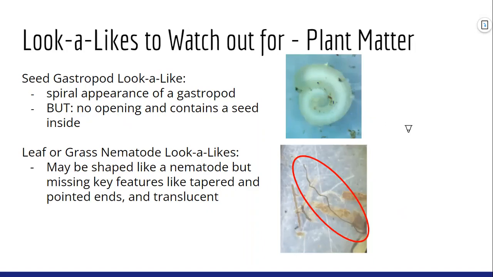It has that spiral appearance, but it does not have an opening, and it contains a seed inside. Sometimes you'll see grass or leaves in your samples that look like nematodes or another type of worm, but they're going to be missing those key features like the tapered and pointed ends. And as you can see, this one doesn't really have a translucent appearance.